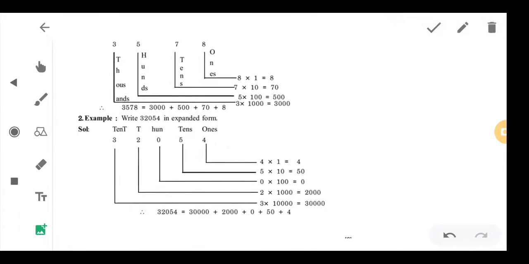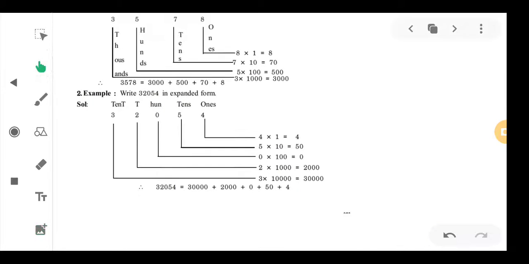Here is another example, example 2. 32,054 in expand form. So we have to write this number in expand form. Same procedure: first of all we have to write the place values. So see, ones, tens, hundreds, thousands, 10,000s.